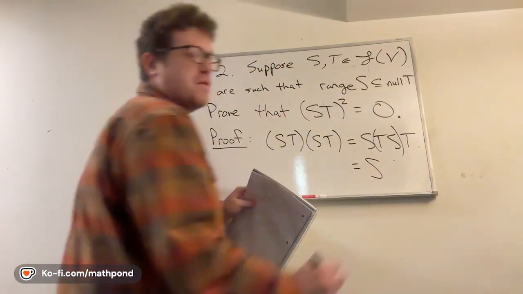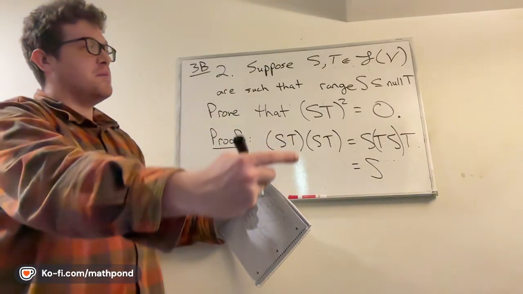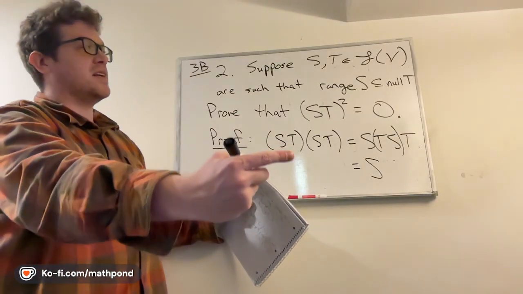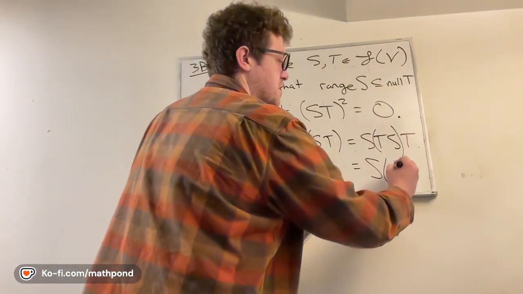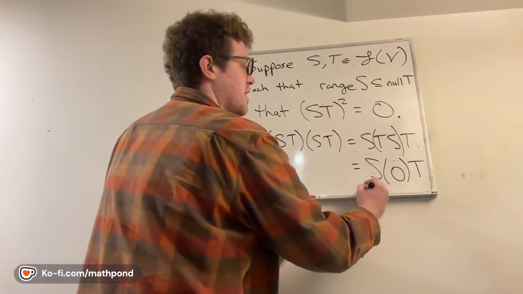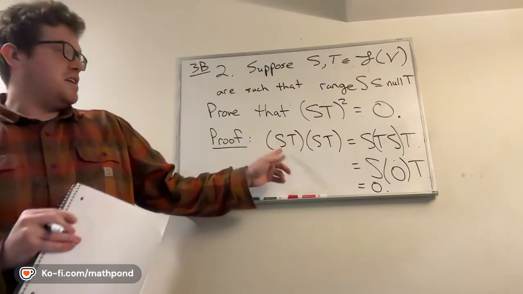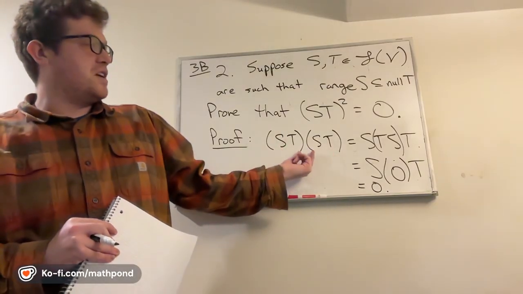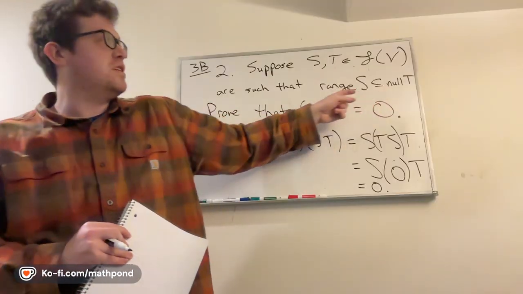This is the 0 function, because it sends every vector to something in the image of S, and then everything there gets sent to 0 by T. So if everything gets sent to 0, then it's just the 0 function. So it's S times the 0 function times T, and that's just 0. So ST times itself, you associate the middle product. That middle product has to be 0 because of the assumption.